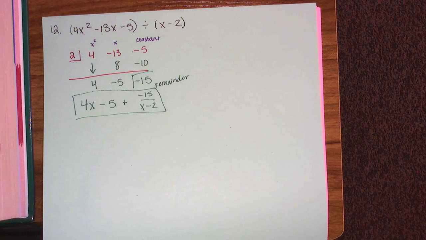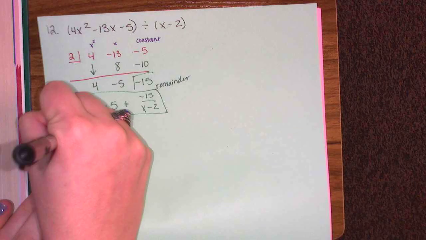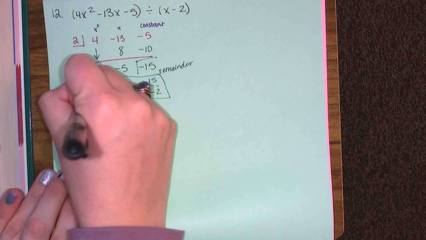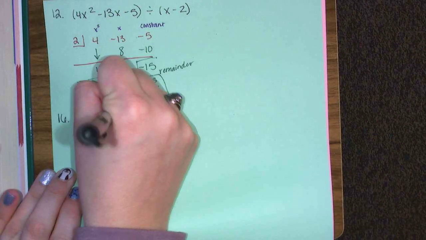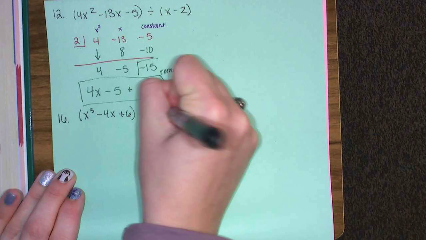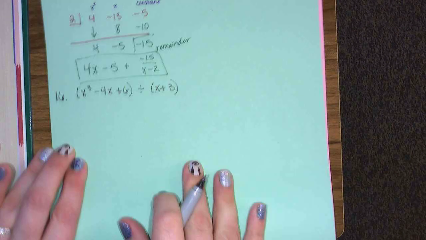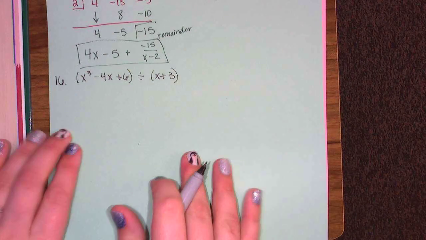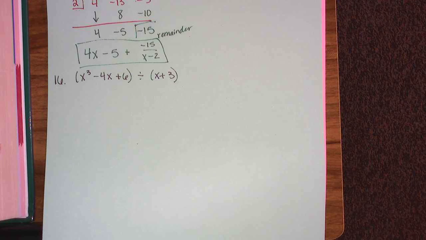Let's jump down and do 16. So 16 is x cubed minus 4x plus 6 divided by x plus 3. What do we notice about this problem? There's no squared term, so I need to remember to put that in.